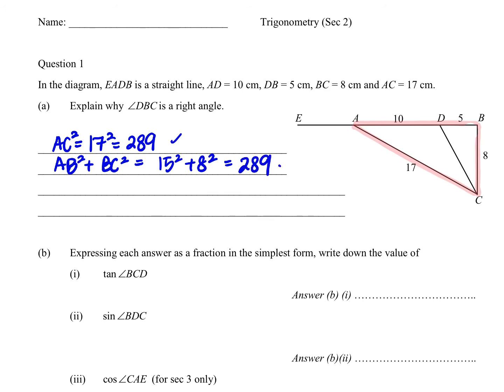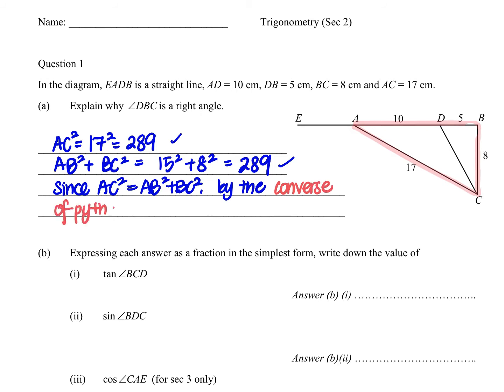Since AC squared equals AB squared plus BC squared, by the converse of Pythagoras theorem, triangle ABC is a right triangle.